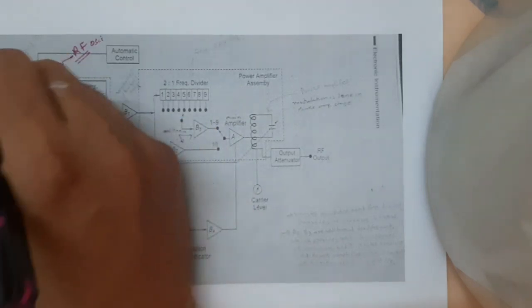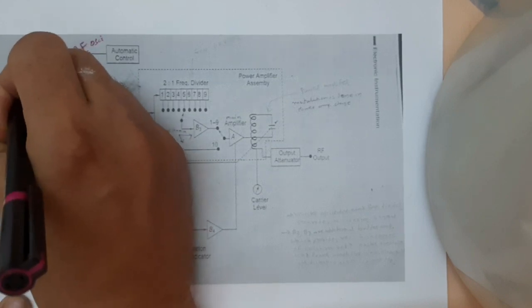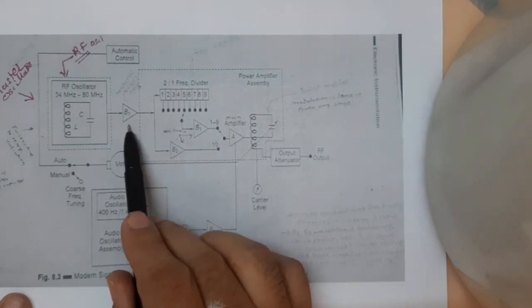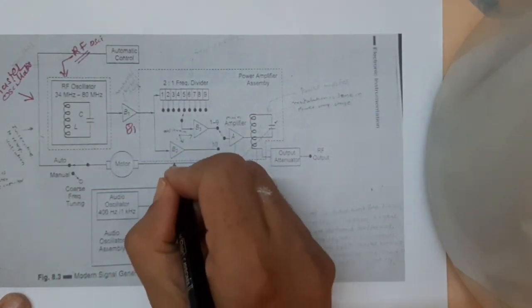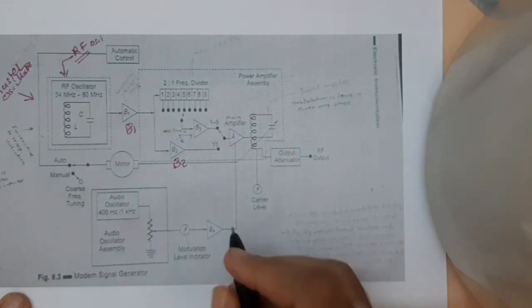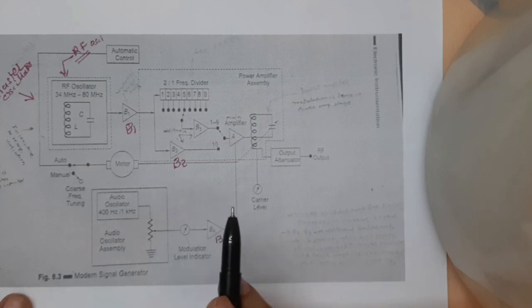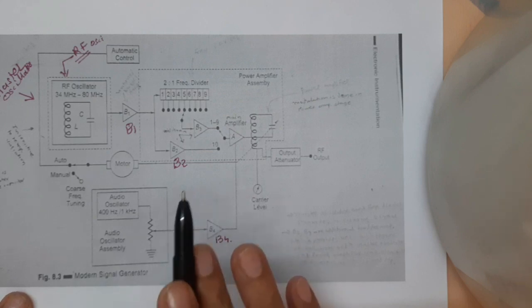Here B1, B2, B4 are nothing but buffer amplifiers.